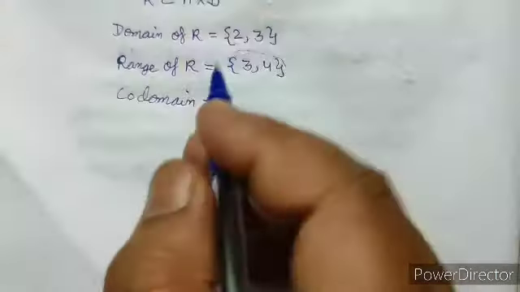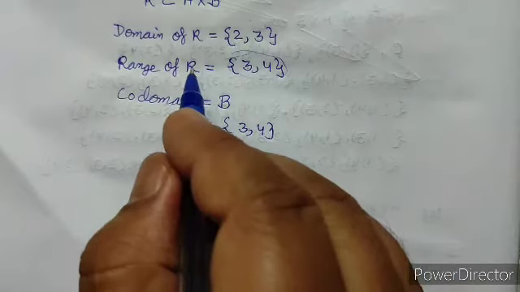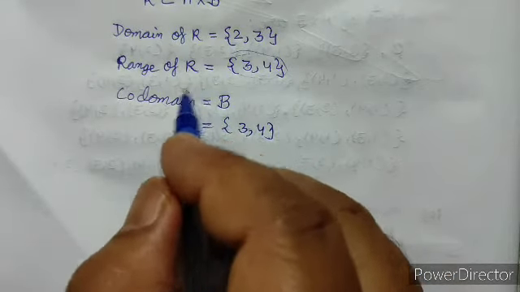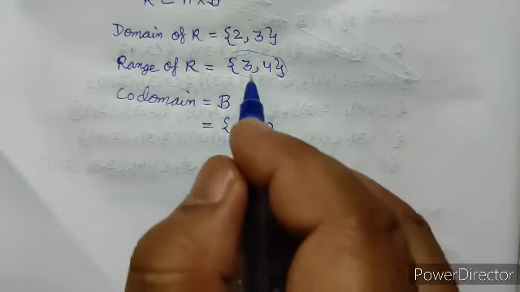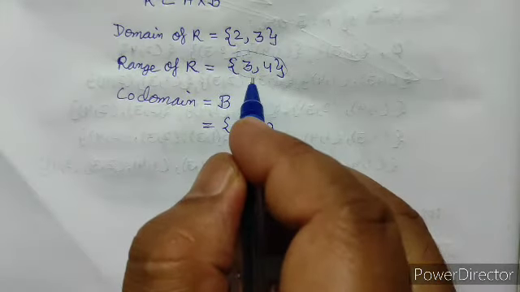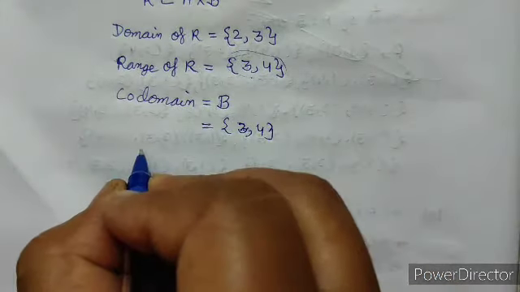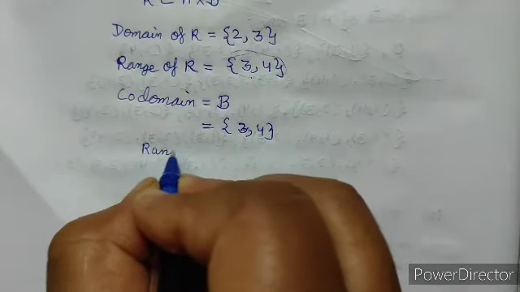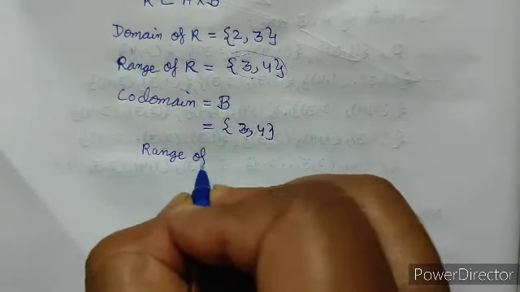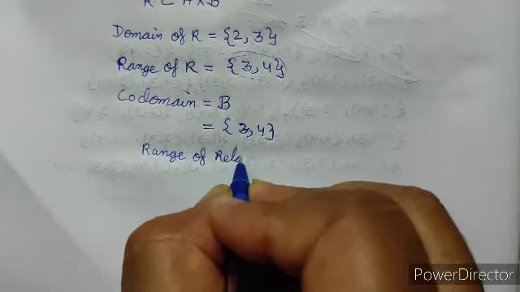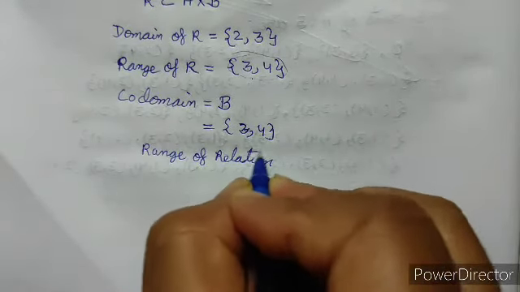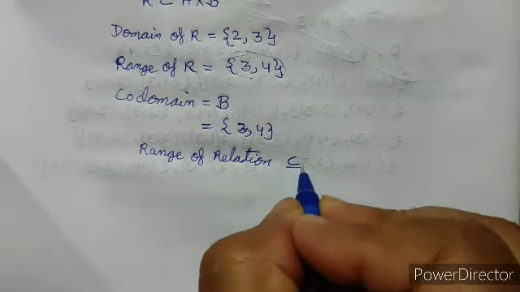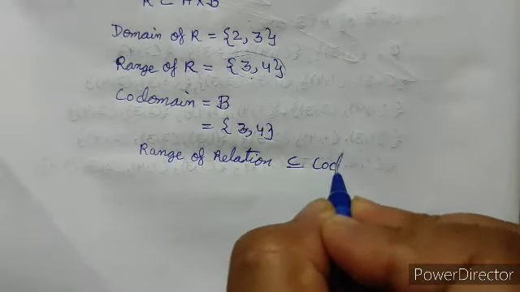That means, as we know, the codomain is the whole set from where we have taken the range of the relation. Therefore we can say that the range of a relation is a subset of the codomain.